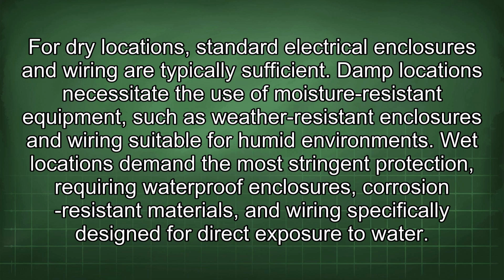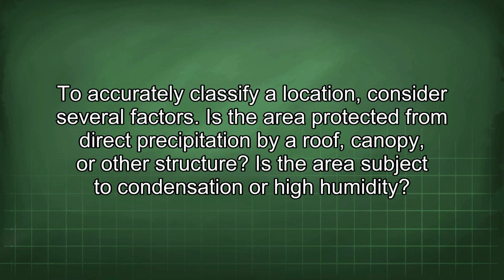Damp locations necessitate the use of moisture-resistant equipment, such as weather-resistant enclosures and wiring suitable for humid environments. Wet locations demand the most stringent protection, requiring waterproof enclosures, corrosion-resistant materials, and wiring specifically designed for direct exposure to water.